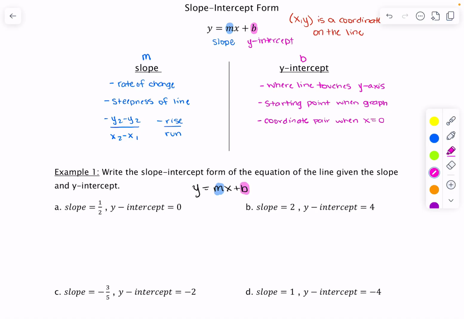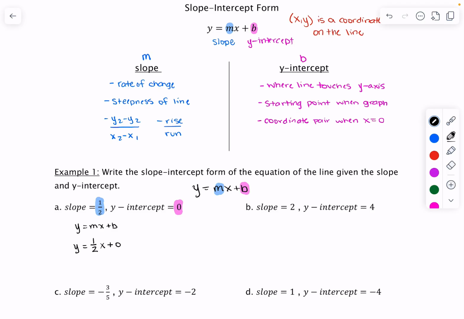So in this case, in letter A, my slope is 1/2 and my y-intercept is 0. When I write my equation, I'm going to keep it in y equals mx plus b, but I'm going to keep the y, replace the m with 1/2, keep the x, replace b with 0.